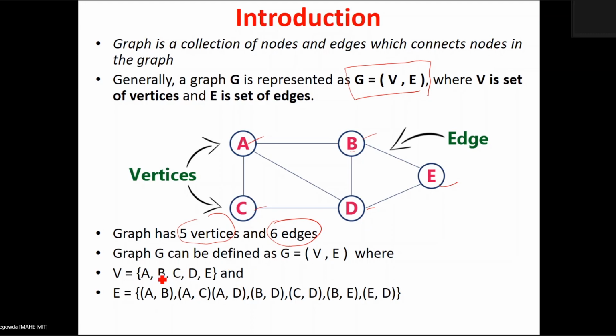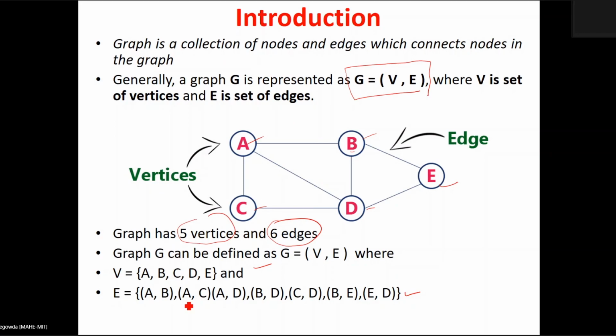They can be written as V equals {A, B, C, D, E}. This shows that this particular graph has the following vertices: A, B, C, D, and E. The set E indicates that these are the edges which belong to the given example.